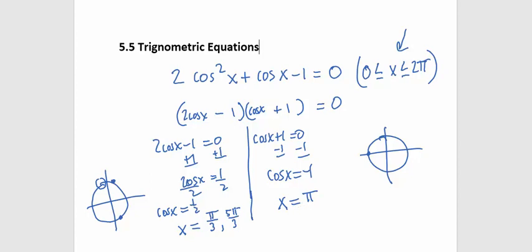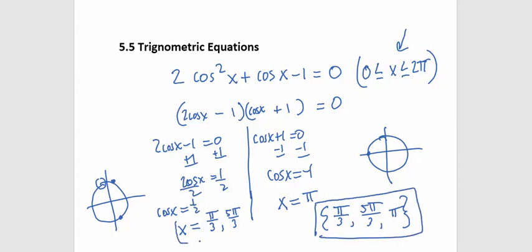You could just circle those like this, or you could also write those in set notation here: pi over 3, 5 pi over 3 and pi. Either of those answers. Now we're going to be taking our test in MyMathLab, so you just want to answer it depending on the way MyMathLab wants you to answer that question.